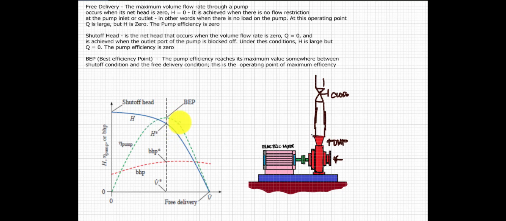Because if you are at the best efficiency point, you can save money, and you can save the electric power consumption of the electric motor. That's why we have this best efficiency point. So in actual practice, you should select the pump which is near the best efficiency point. At this point, you can save electrical power, which corresponds to electric bills, the payment for electricity, so that is money.